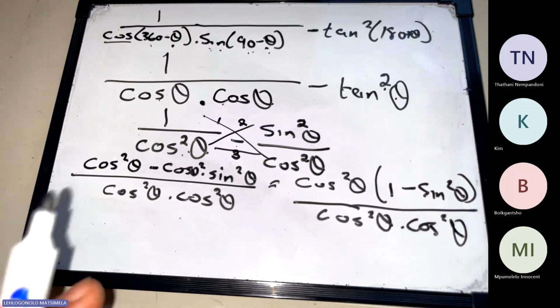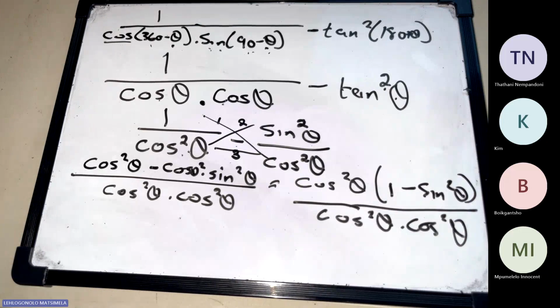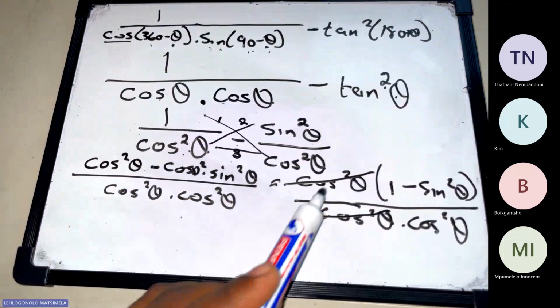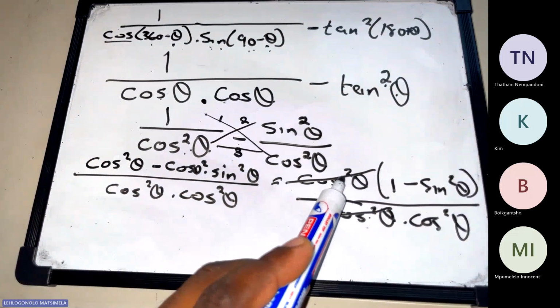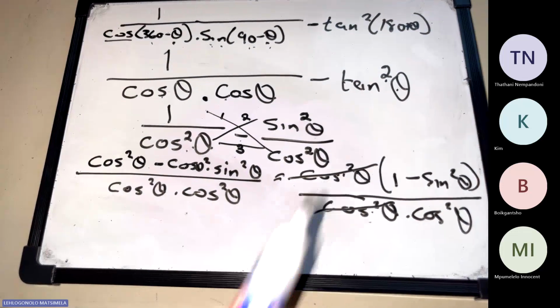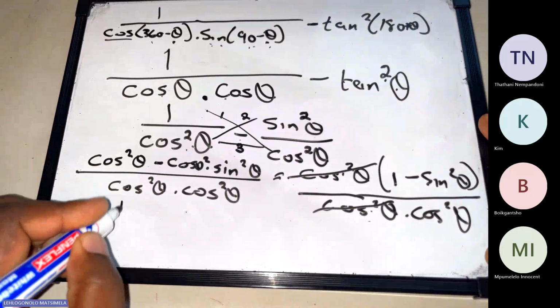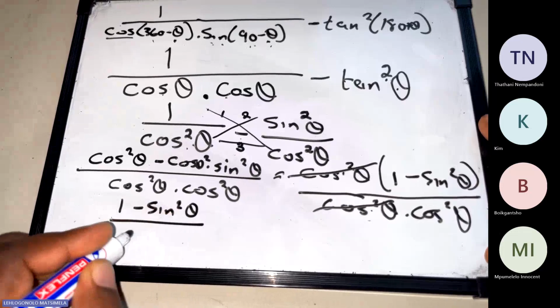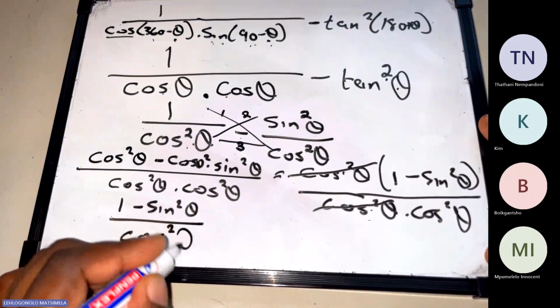Since the numerator and denominator are multiplying, I can group the like terms and cancel them. So one cos squared divides the other cos squared and I remain with 1 minus sine squared theta divided by cos squared theta.